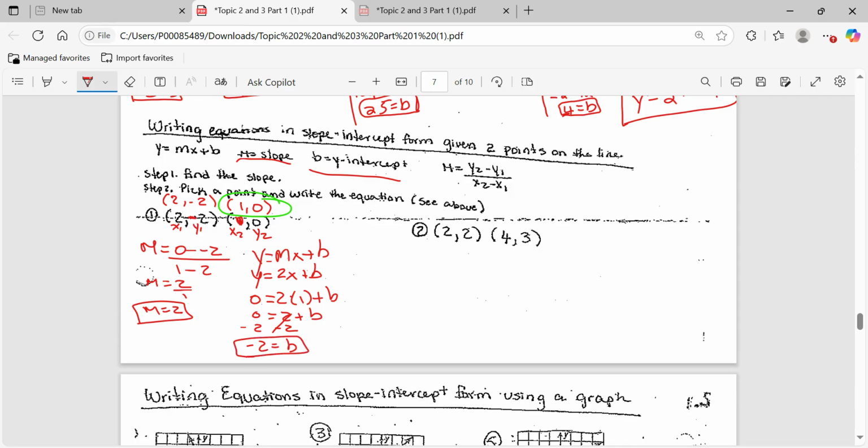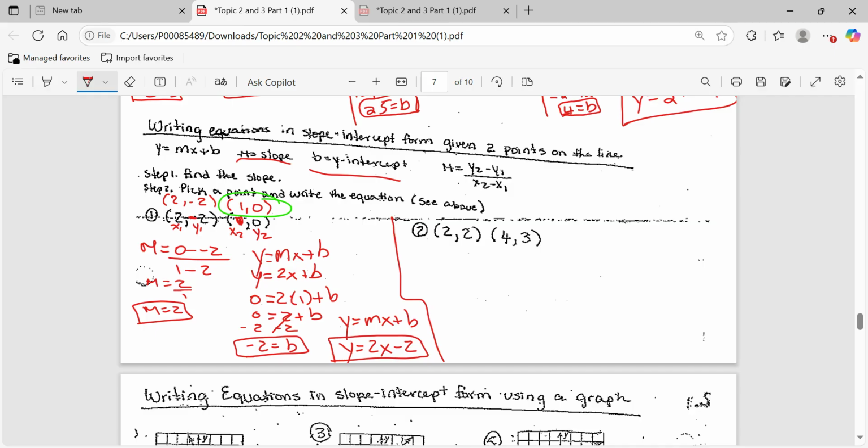Now that I have the slope and now that I have the y-intercept, I'm going to write my equation like I did in the very first problem. y is equal to mx plus b. y is equal to 2x minus 2. There's my final answer. I want you to pause now and try number 2. I know it's a couple steps, but pause and try number 2.